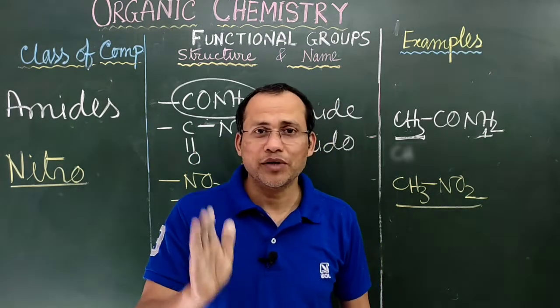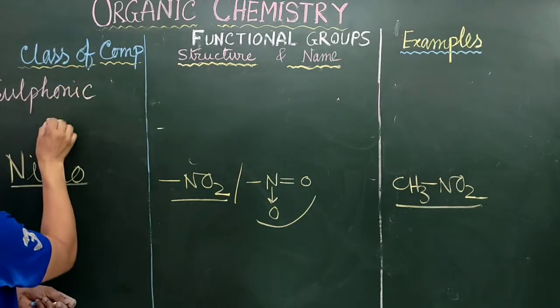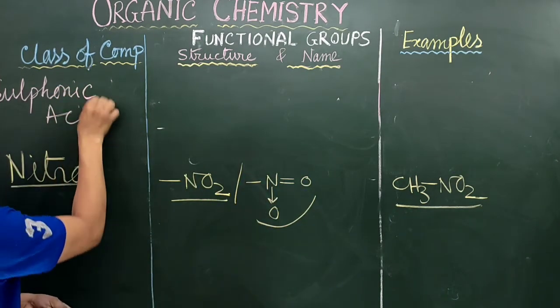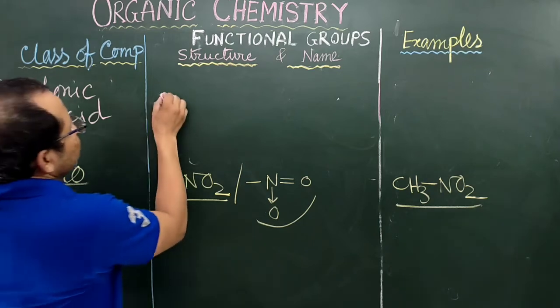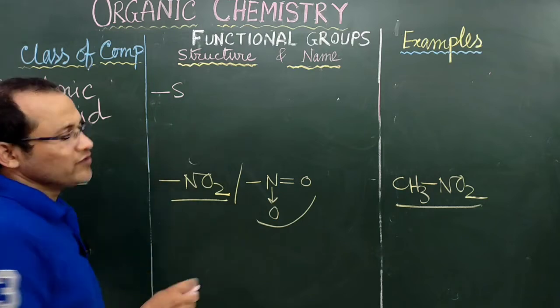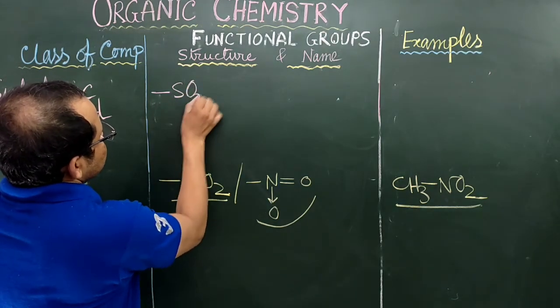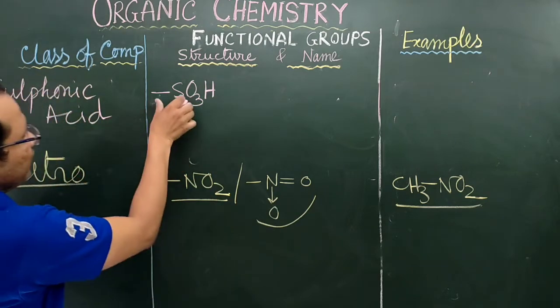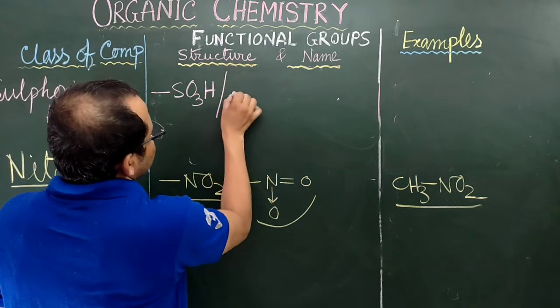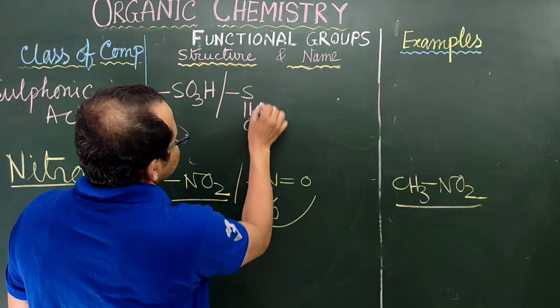Now the last one, which is sulfonic acid. So this is another type of acid group, which is an organic acid, but a little bit different from carboxylic acid. Here this group will be there, and if we write down this one in detail, it will be like this.